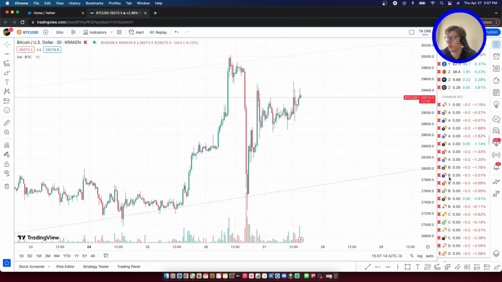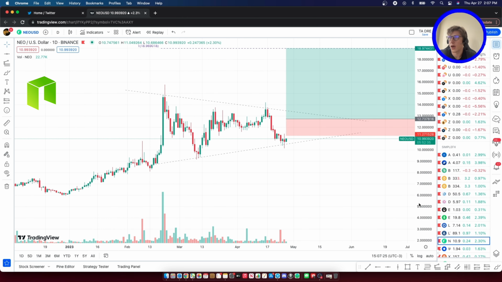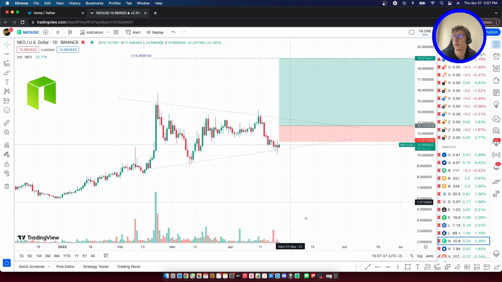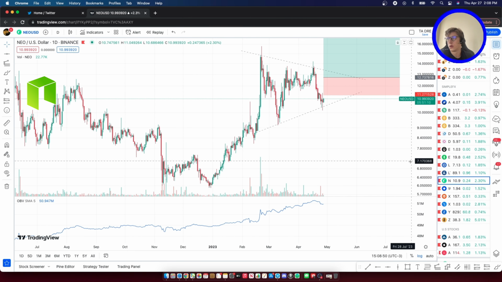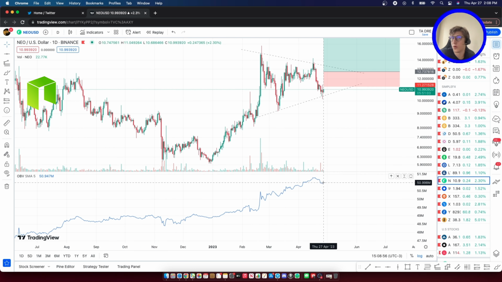So Neo is at its low 2 at the moment. This is a setup for Neo. Long term, we have a price target of around $18, $19 for Neo. On balance volume looks really good for Neo as well, right? The on balance volume is higher than its peak right here. So that's definitely a good indicator.